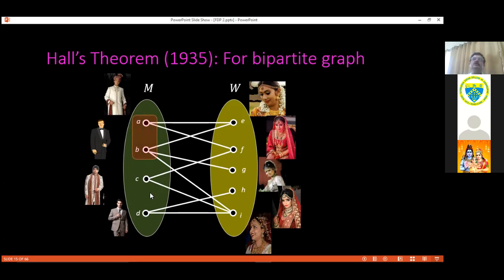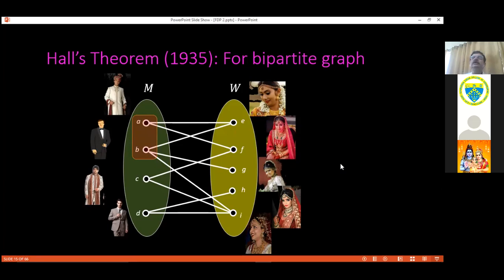This M contains a total of 4 elements. Therefore, 2 to the power 4, that is 16 possible subsets, and this contains the null set also. You leave that null set. Other than the null set, there are 15 possible sets you can take. I take one subset of M containing A and B. You see what are those vertices which are adjacent to it, that means what are those women liked by these two.